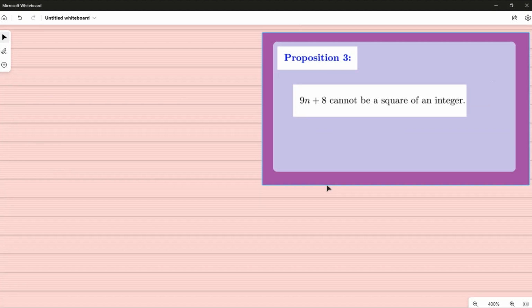To prove proposition 3, we'll use modular arithmetic.